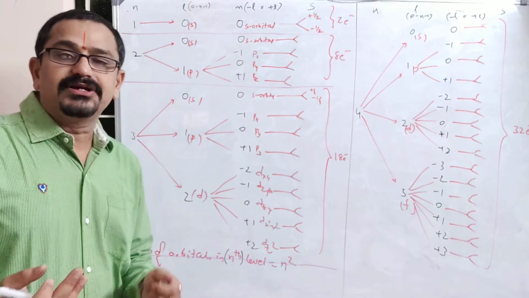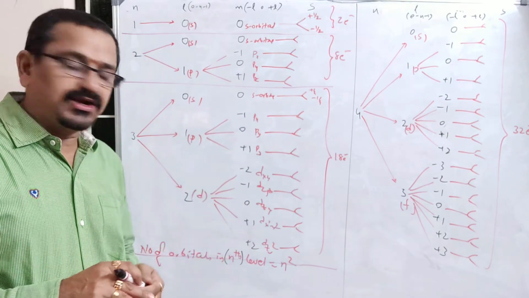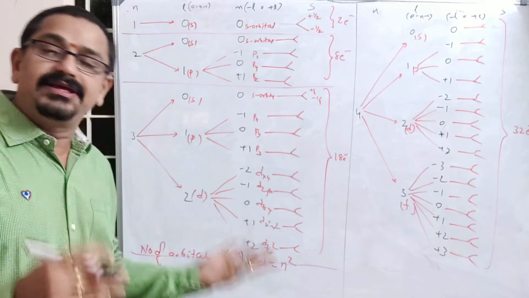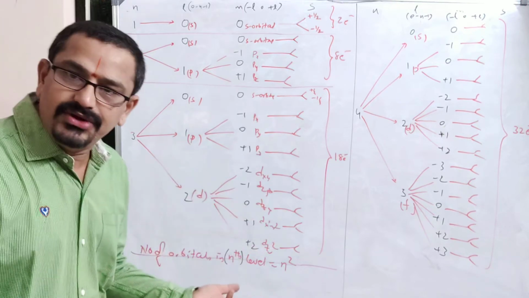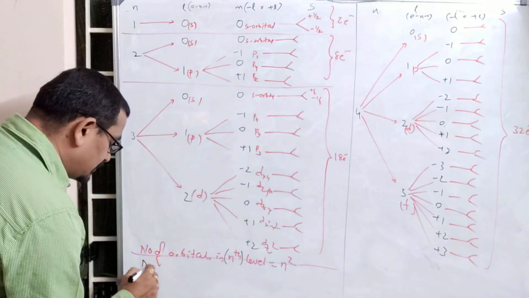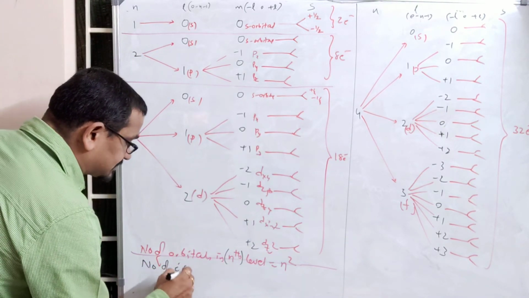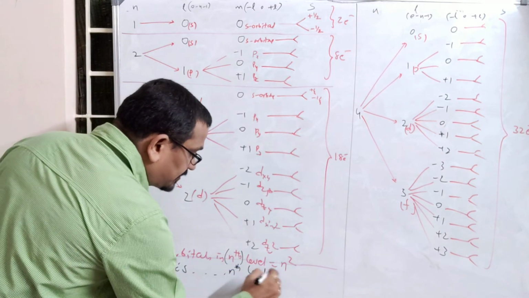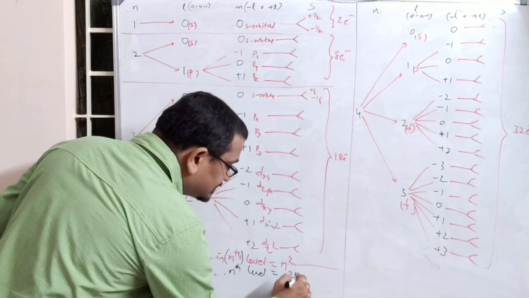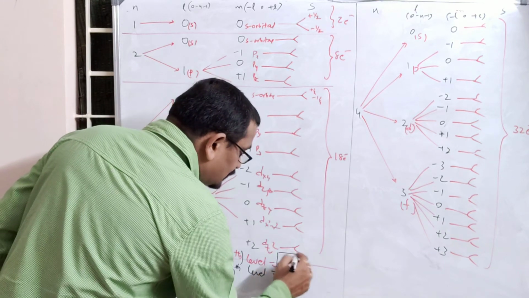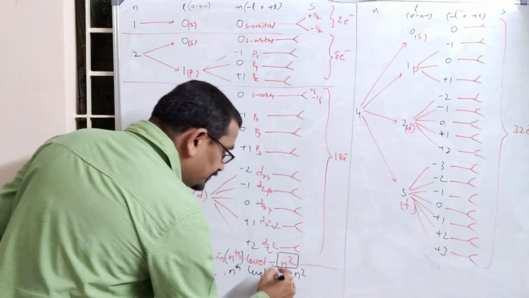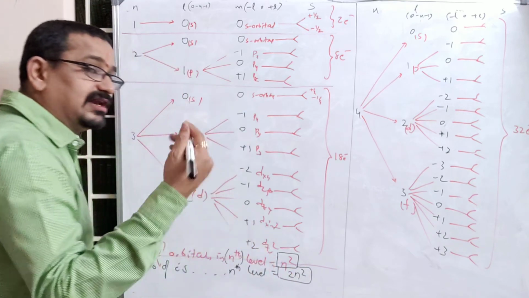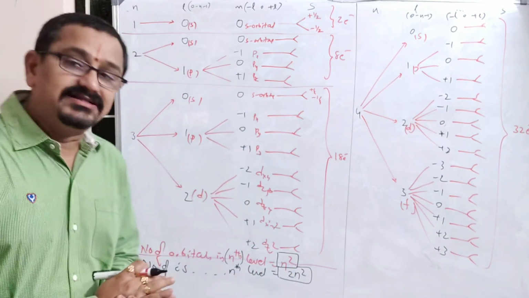When each atomic orbital can be accommodated with 2 electrons, n square orbitals can be accommodated with 2 into n square. So the number of electrons in a given nth level can be given as 2n square. So n square indicates the number of orbitals, and 2n square indicates the number of electrons possible in a given nth level.